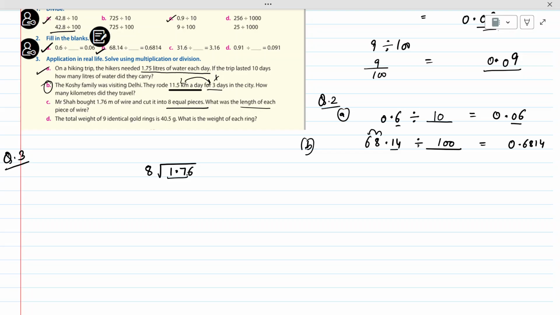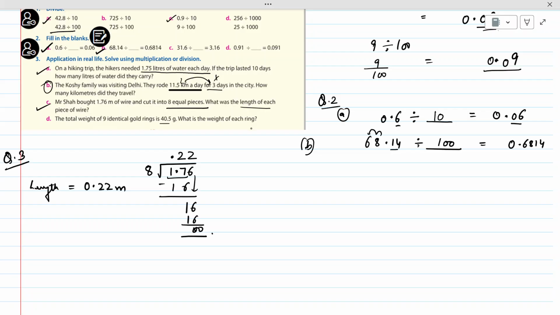Since we are considering 17, we have a decimal here. We have to put it in the quotient also. Now, 8 into 2 will give us 16. Subtraction will give us 1. This 6 will go down, then 8 into 2 is 16 again. So that means the length of each piece of wire is 0.22 meters, right? Easy.